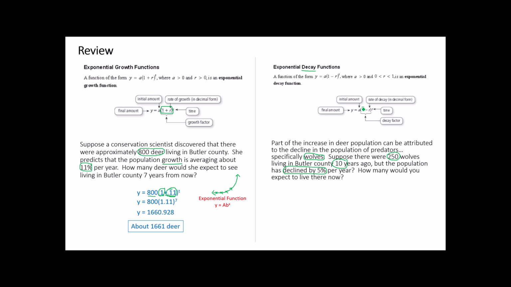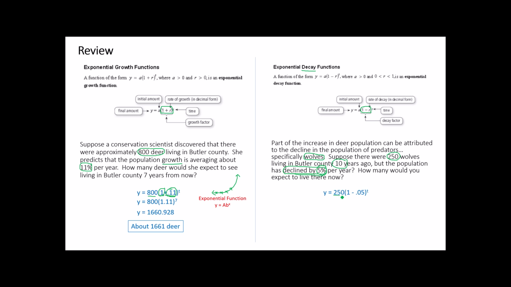But in an exponential decay function, instead of growing by a certain percentage, we're going to be declining or decreasing by a certain percentage. In the case of this problem, we're declining 5%. It's going to look something like this.